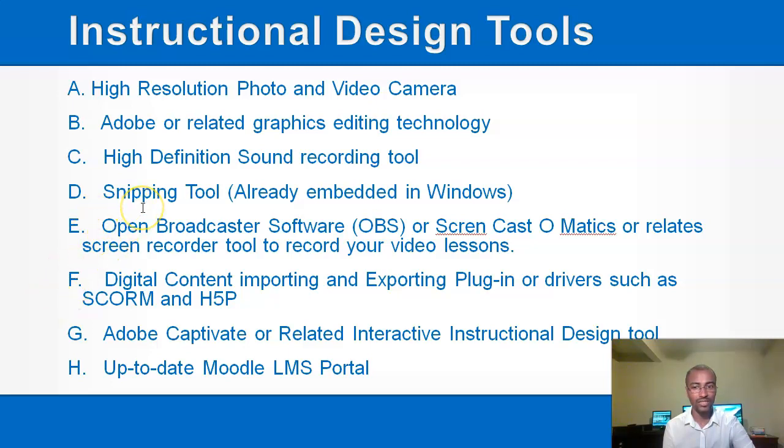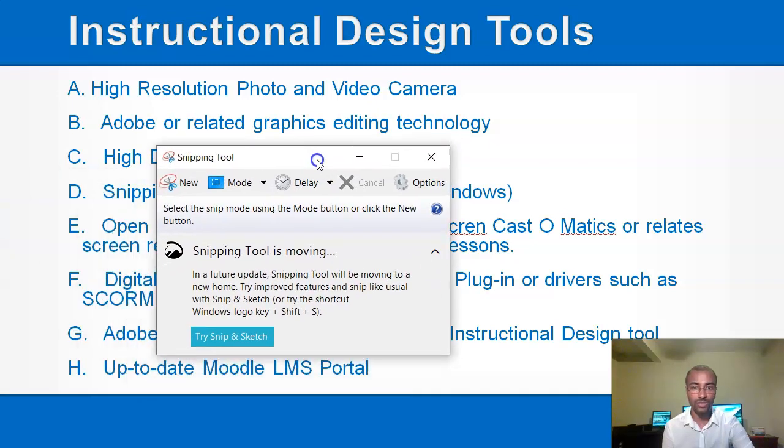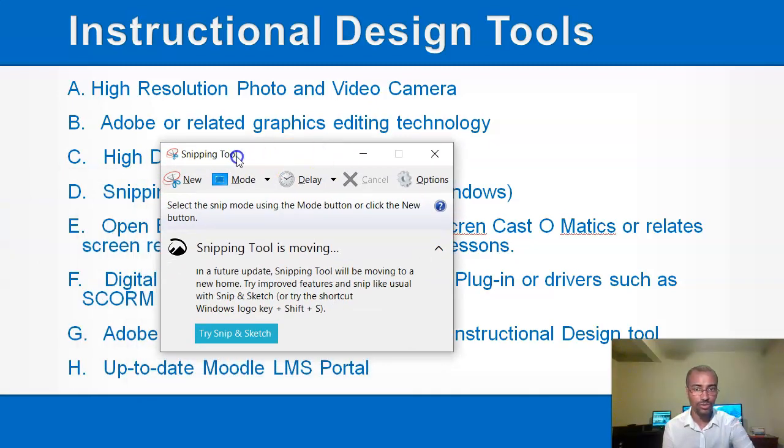If you want to get that, you just go to your computer and type snipping tool, and the snipping tool will be opened. Once it's opened, you can copy and paste your pictures and your processes or anything you would like to do. This is what it looks like.